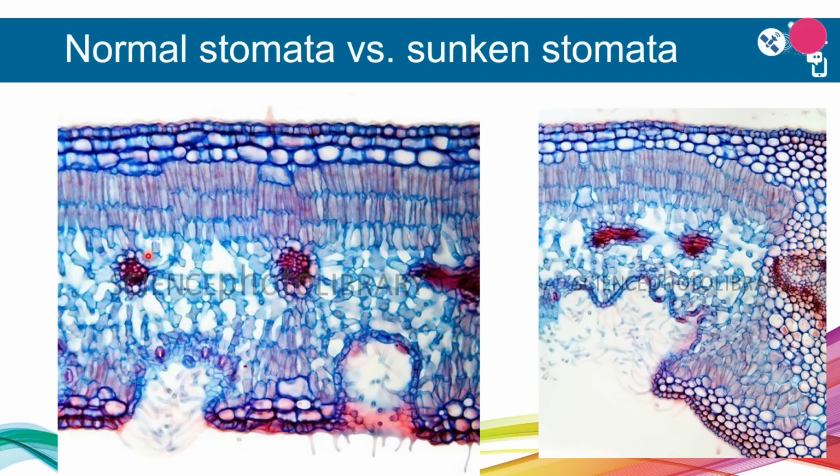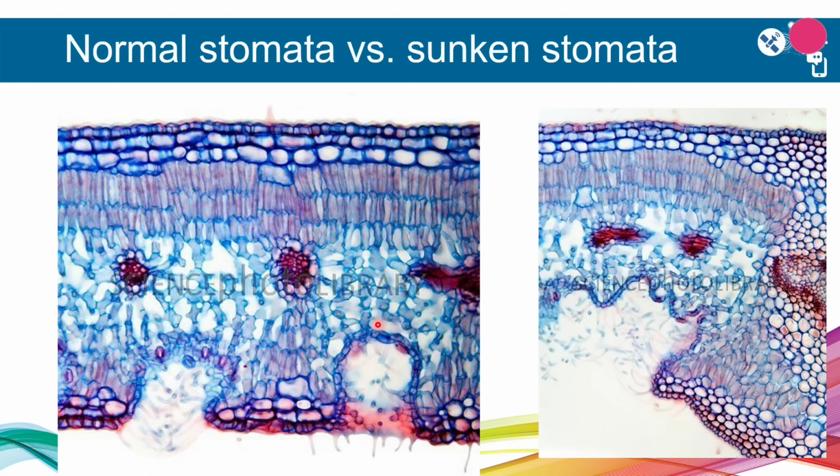So this is a micrograph showing you a sunken stomata, and there we will have 2 guard cells forming a stomata. So you can see there's this little trap that is formed so that less water can escape.